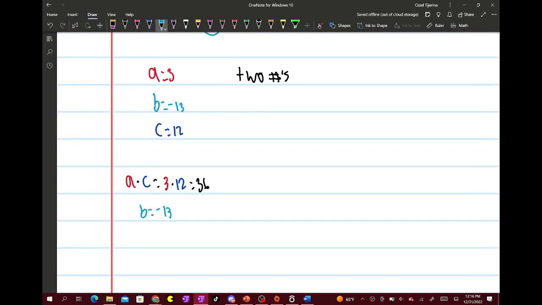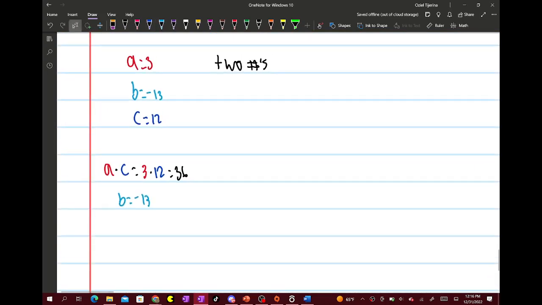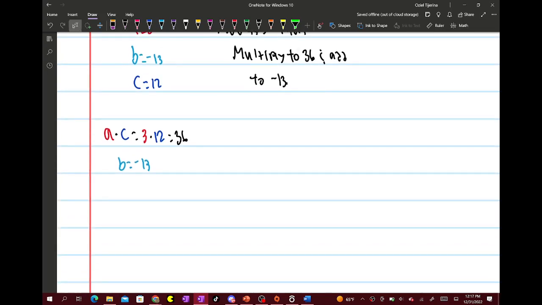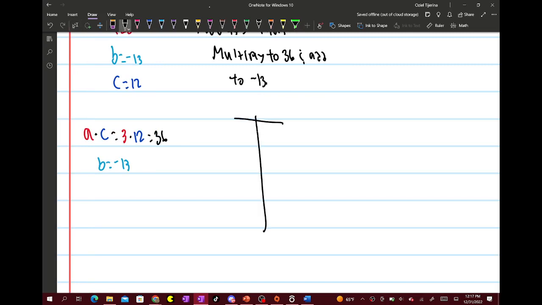So we need two numbers that multiply to 36 and add to negative 13. If we do our factors of 36, they need to be negative because they need to add up to negative 13. I believe it's going to be negative 4 and negative 9.